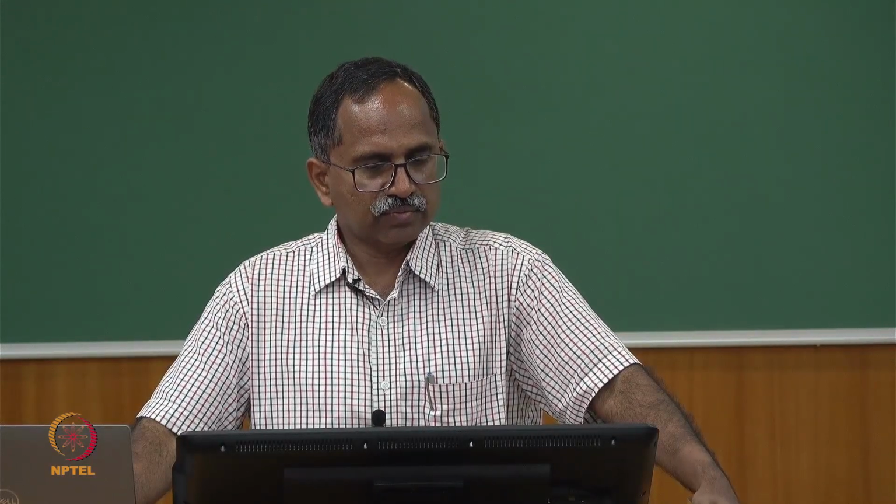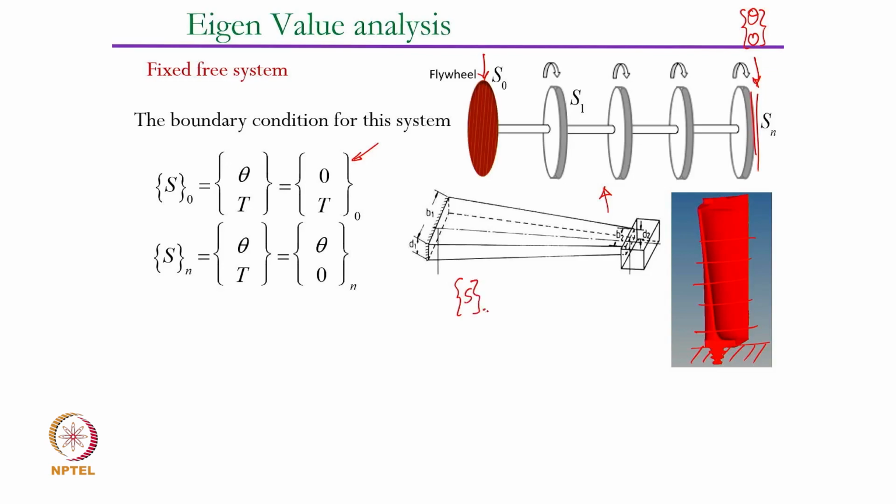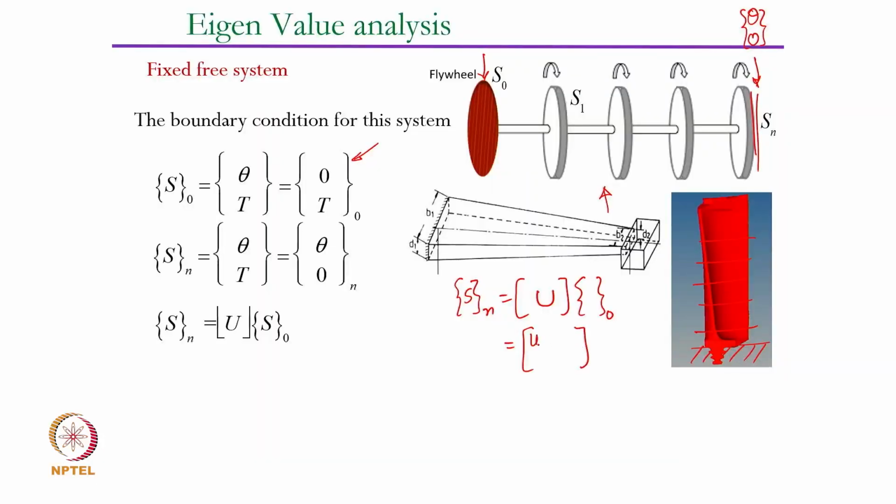Now we already have a relationship between Sn and S0. What was that? Sn is the overall transfer matrix times S0, right? Now assume that your individual transfer matrices T1, T2, T3, T4, all of them are, suppose, numerically known. Finally, when you multiply, you will get what?